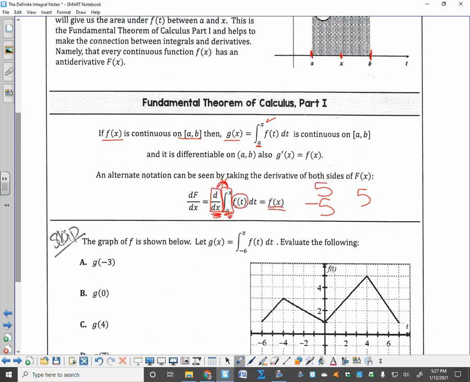Or if I have a 5 and I multiply by 1/5, I'm left with a 1. I have undone. If I have the square root of x and I square it, I just have my x. Well, guys, if I take the derivative of an integral, I am just left with the inside part, the function that was in there.